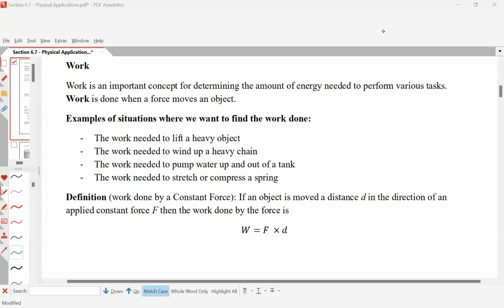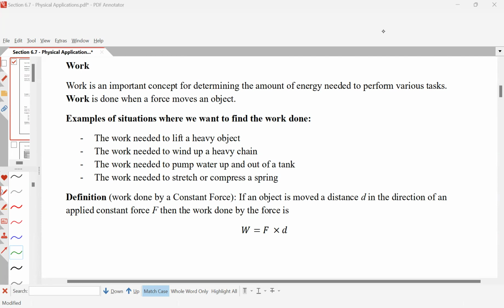Hello, in this video, we are going to look at the idea of work in general and how we can use calculus and integrals in determining work, or the amount of energy needed to perform various tasks. So work is that important concept for determining the amount of energy that's needed.